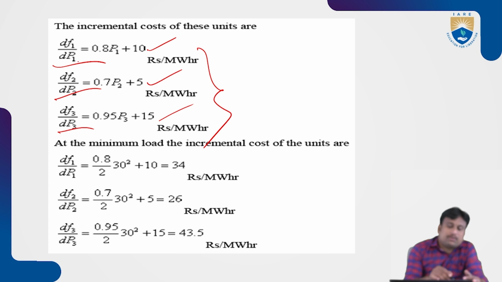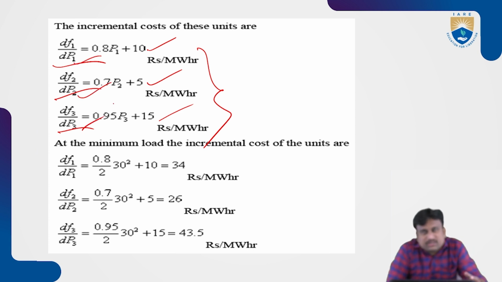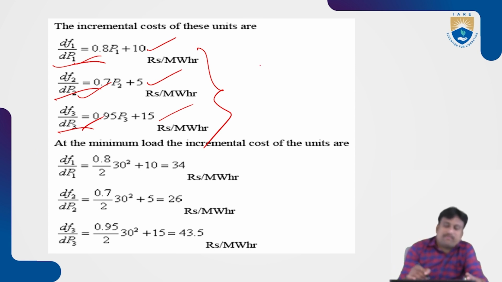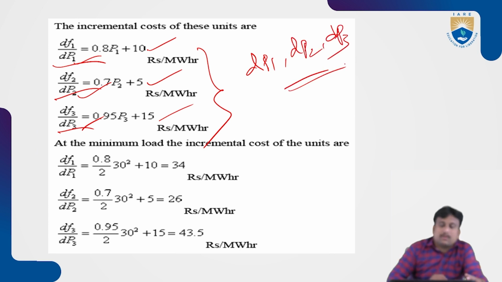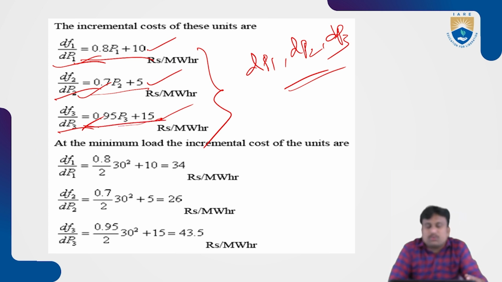The respective denominators dp1, dp2, dp3 are the changes in power for the 3 units. Their values are 0.8 P1 plus 10, 0.7 P2 plus 5, 0.95 P3 plus 50. All are in rupees per megawatt.